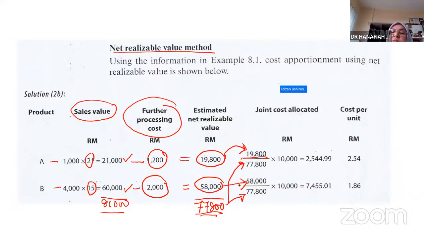So you will get a different amount again. So based on the three methods, you have three different figures. The outcome is different. So now maybe you have to make a decision.